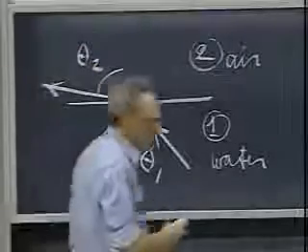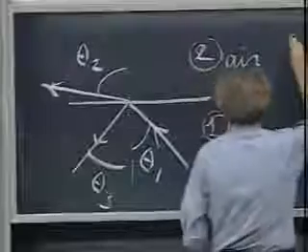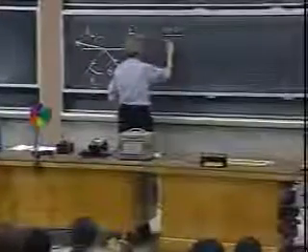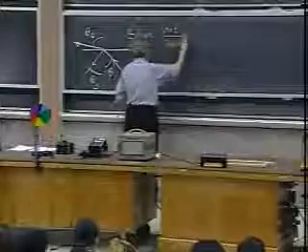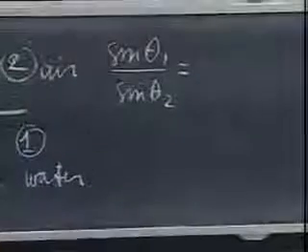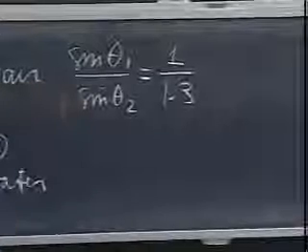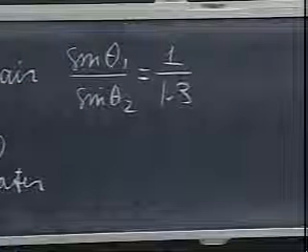And so if I write down now Snell's law, then I get the sine of theta 1 divided by the sine of theta 2 is now n2 divided by n1, but n2 is 1, divided by 1.3 if we go from water to air.